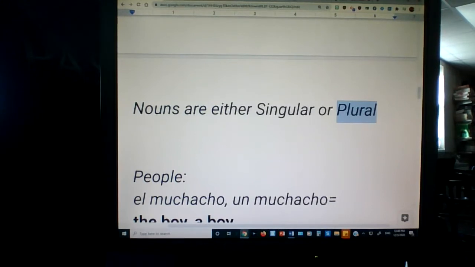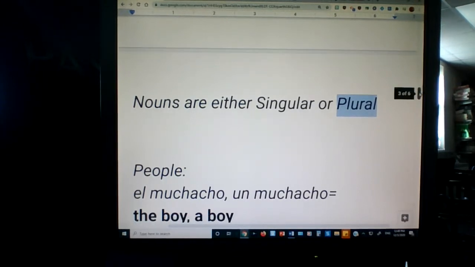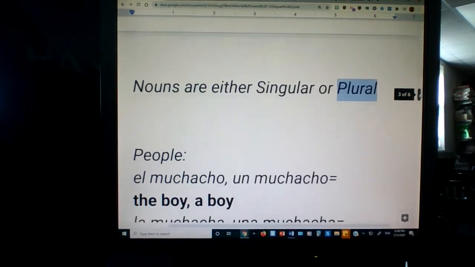You ready for this? The word has to end with the letter S, okay? So in Spanish, if it's plural, it will end with an S. That's what plural means. So that's kind of cool to see in Spanish. Everything that has an S is plural, okay?